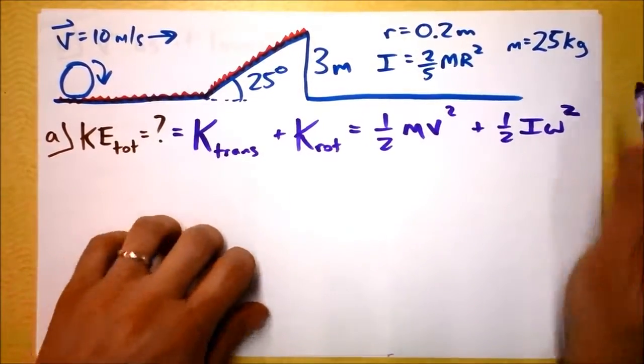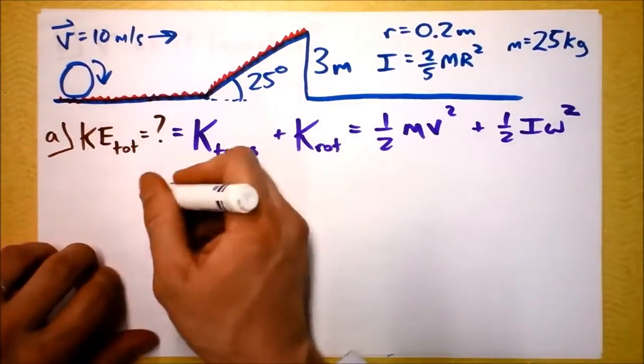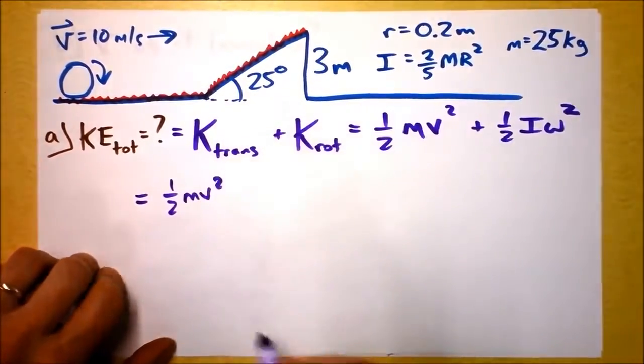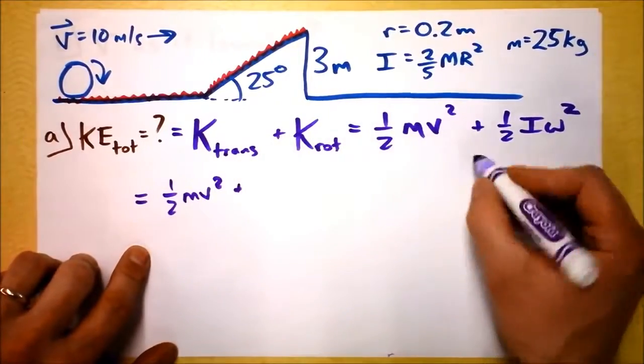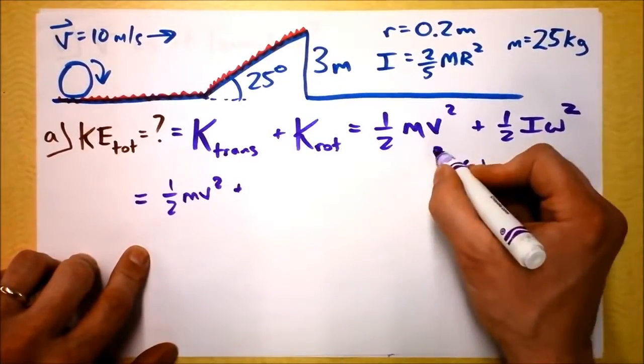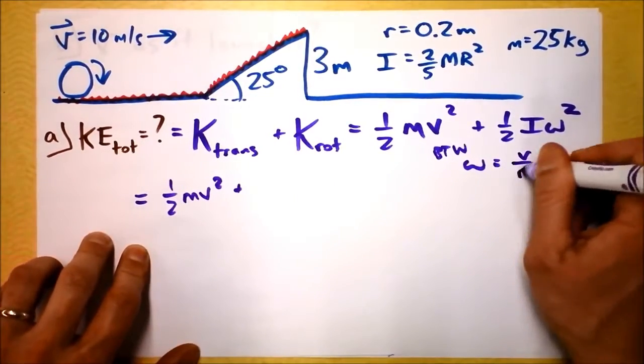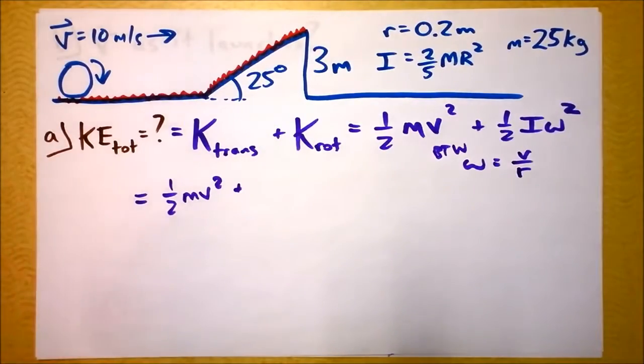It is rolling without slipping, so we can further develop this by saying, I'm just going to write the 1/2 mv squared again. But then I note that omega is v divided by r. This is true when we have a rolling without slipping situation, and we've totally got that here.